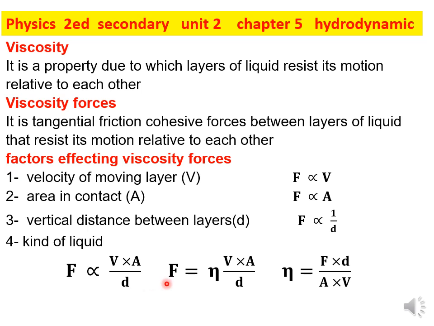So the viscosity force equals a constant times V times A divided by D. Eta, which is a constant called the viscosity coefficient, equals F, the viscosity force, multiplied by D, the vertical distance between the two layers, divided by A, the common area between the two layers, and the velocity of the moving layer.